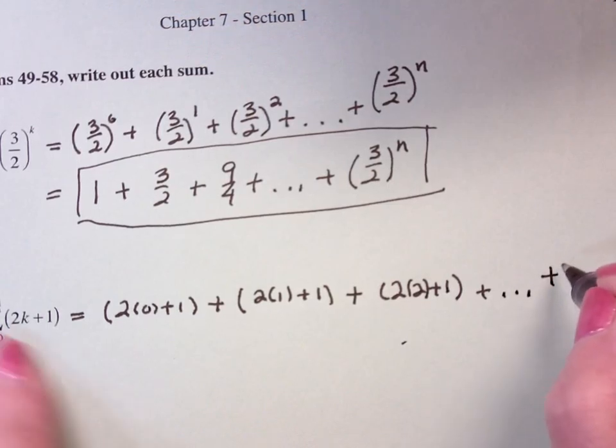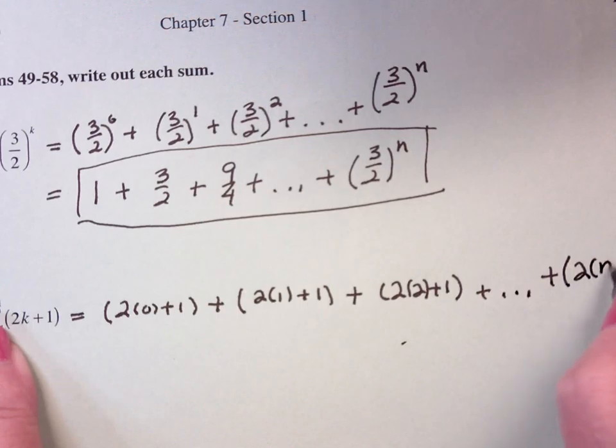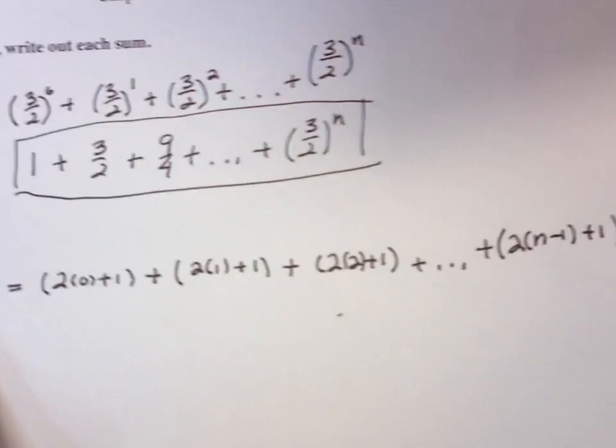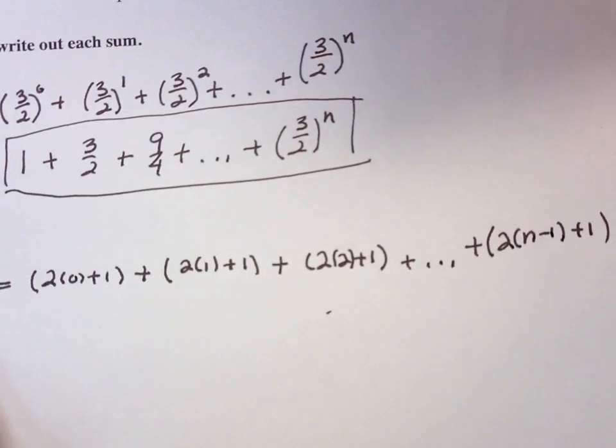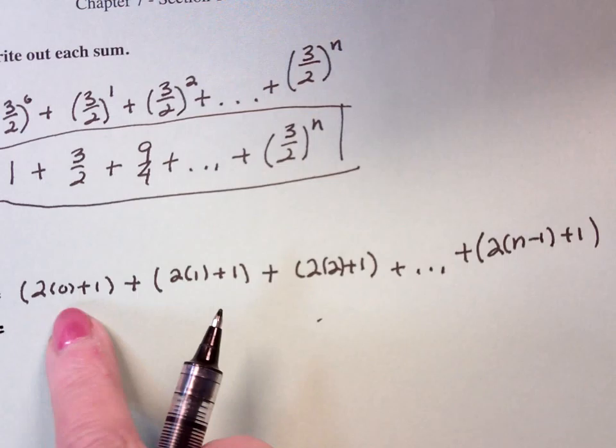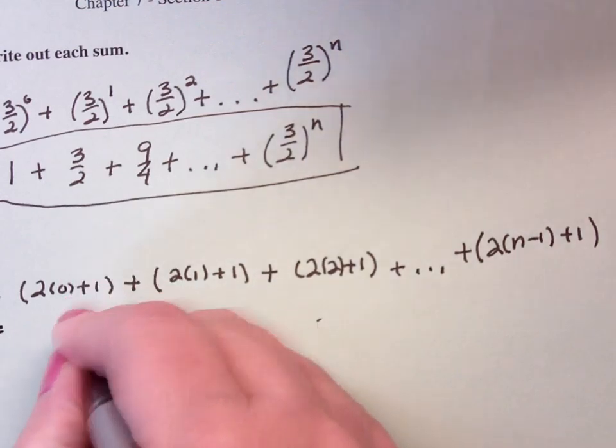And then to the n minus 1, this would be 2 times n minus 1 plus 1. And that's where it would end. Starts at 0 and ends with n minus 1. So now you clean it up. This is 2 times 0 is 0. 0 plus 1 is 1.